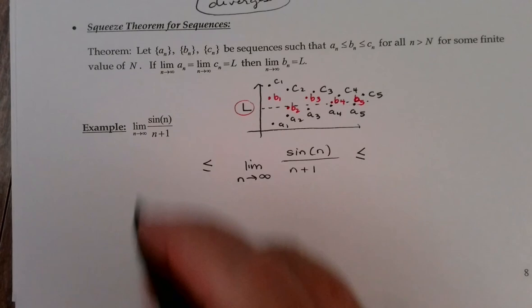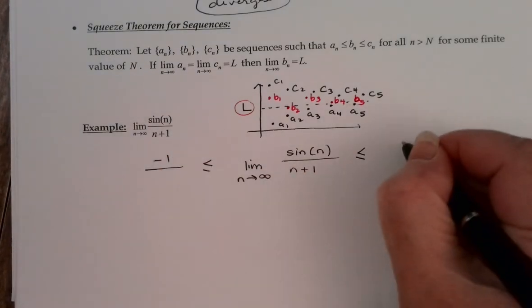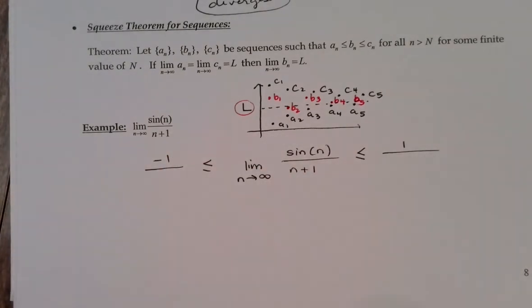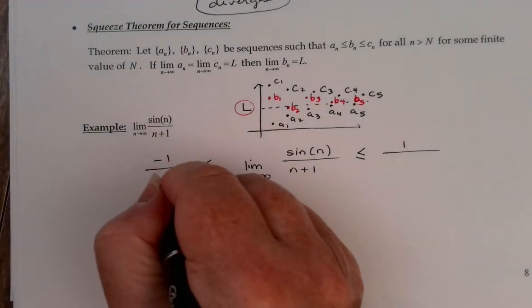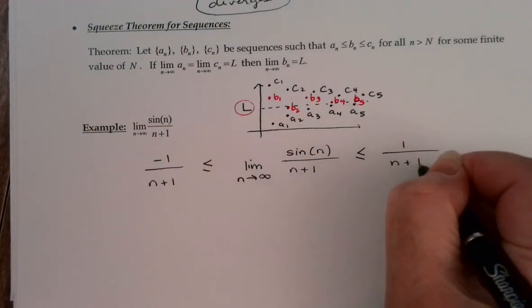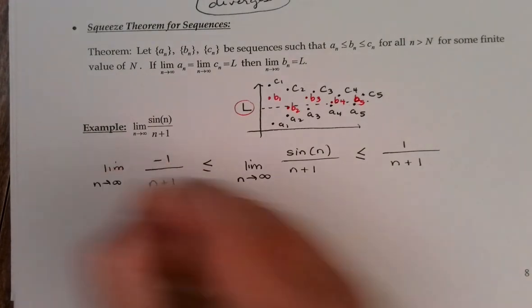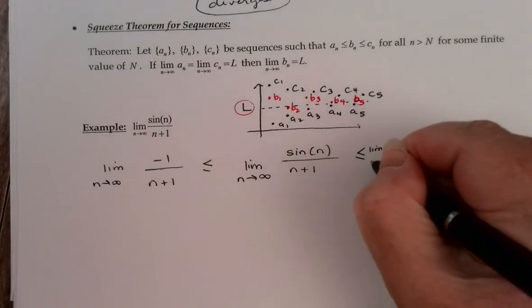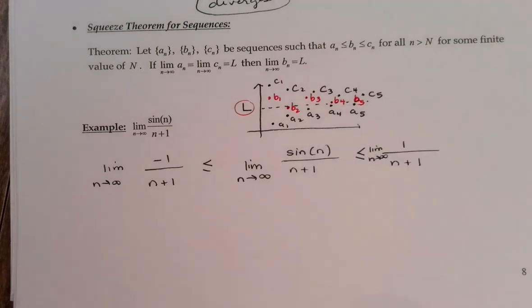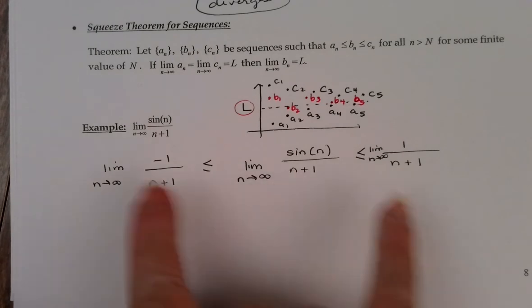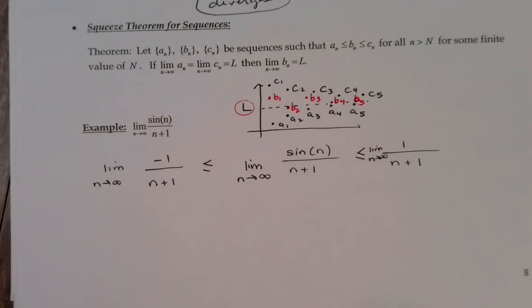That numerator is in between -1 and +1. And I'm just going to leave the denominators the same, n plus 1. And these are actually both the limits as n goes to infinity. And I have to squeeze it in here. All right, and that's all because we know sine is between -1 and 1.